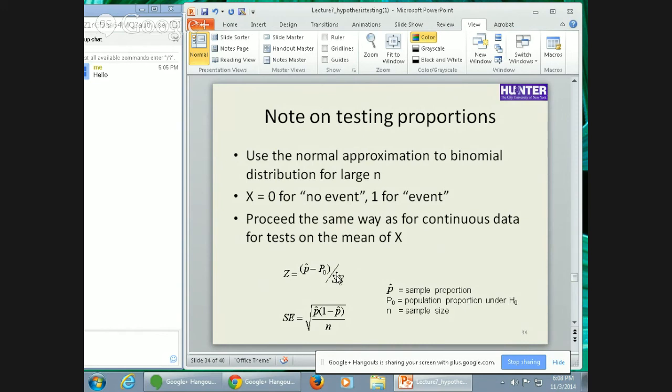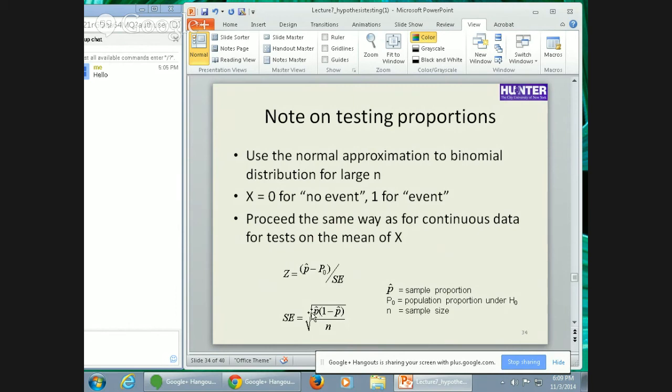Question? Those p-hats, percentages? They would be proportions, so they would be between 0 and 1. So if you have 1,000 and your p is 50%, is that 0.5 or is that 500?